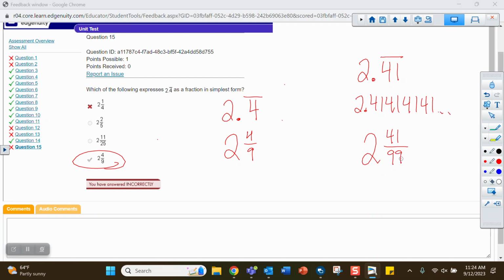So it's kind of cool. But this is a quick trick with a repeating decimal, that however many digits repeat, you write that number over that many 9s. Remember that 1/4 in a decimal is 0.25, so 2 1/4 is 2.25, not 2.4 repeating.